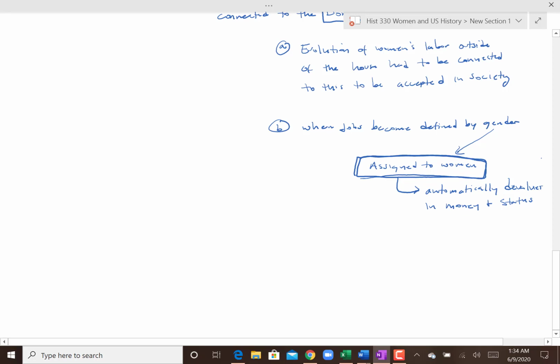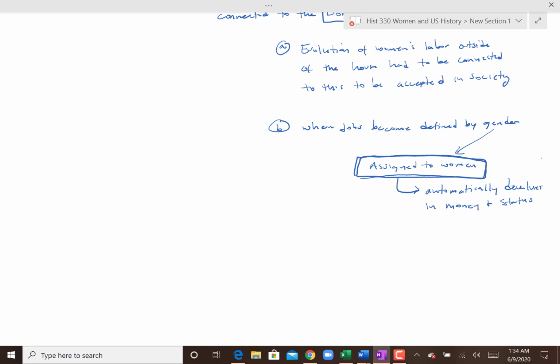But all the way, so let's just say up until the late 60s, it was almost guaranteed to be automatic that if women started moving into the workforce in a specific job that then became accepted in society, that was because they could connect it back to the domestic sphere.